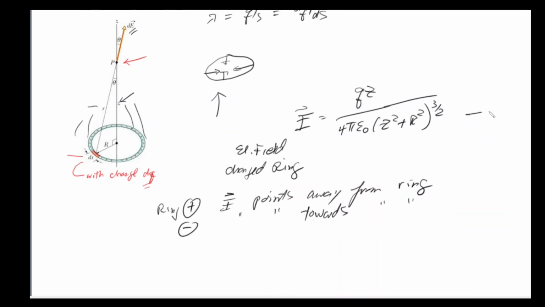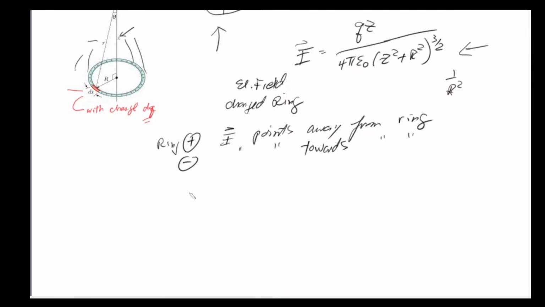Now, if we look at this equation, if Z is much, much greater than R, if our point P is very far away from the ring compared to the radius of the ring, then R squared becomes very, very small to the point where we can ignore it, and E then becomes 1 over 4 pi epsilon 0 times Q over Z squared.